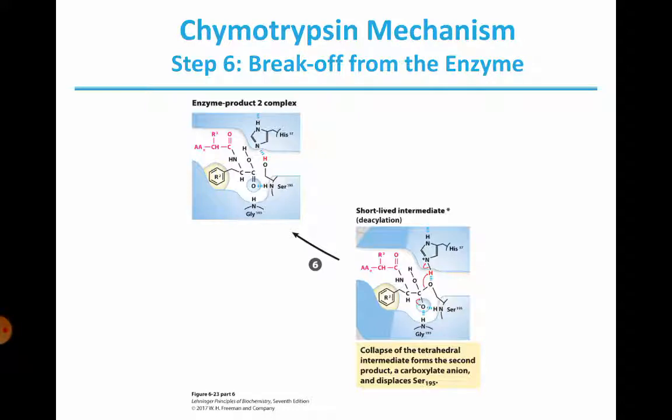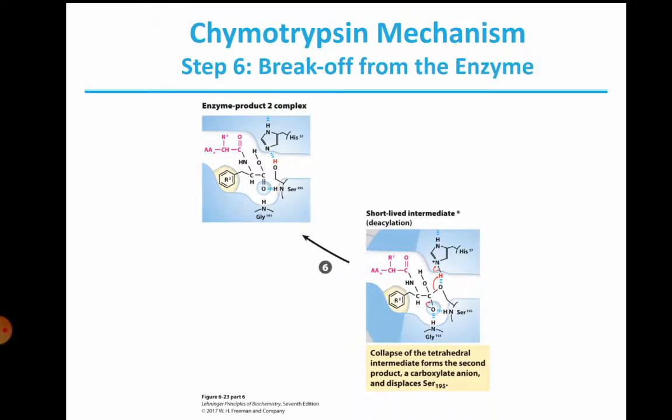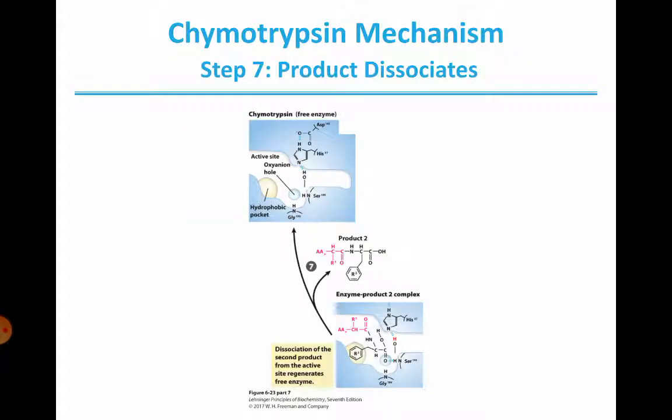The enzyme-product 2 complex: collapse of the tetrahedral intermediate forms the second product, a carboxylate anion, and displaces serine 195, and the product dissociates. So this is product 2, where we can see there is a break in the peptide bond, and the product is released, dissociating from the active site, and the free enzyme is regenerated.